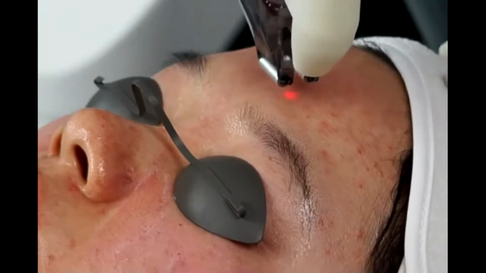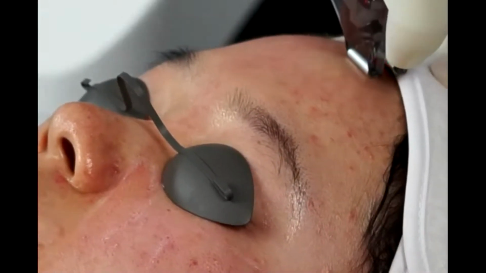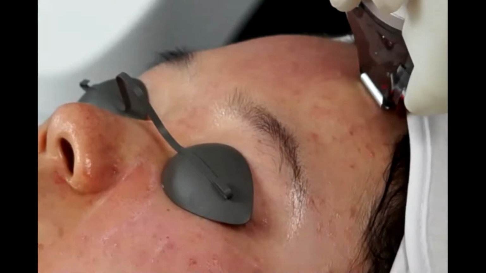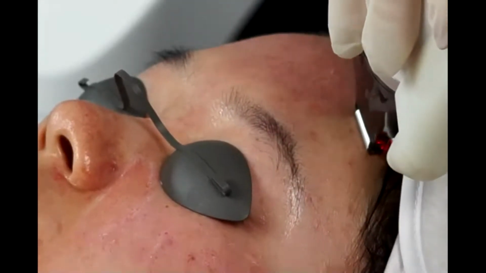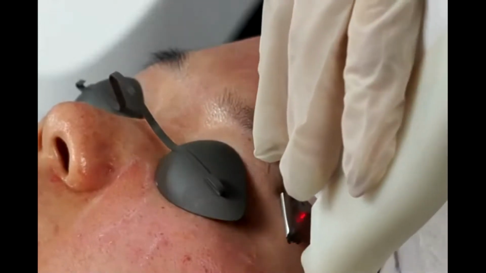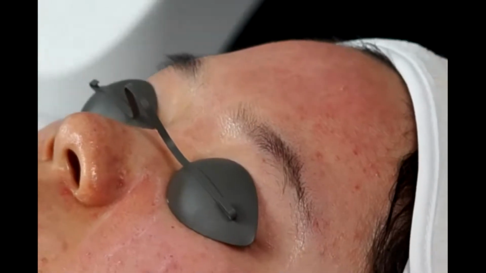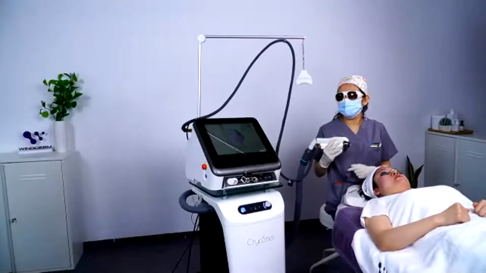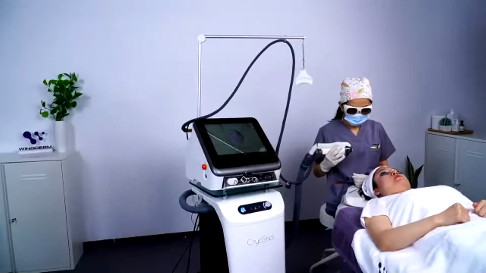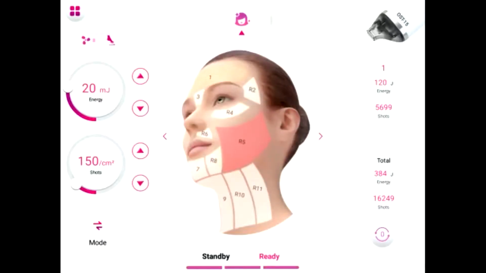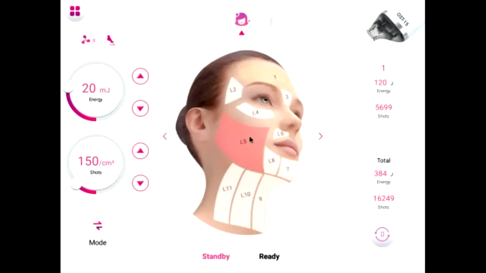For the forehead, we do 1 pass. And you can see the skin turning red. Okay. Now we use the same parameters to do the other parts of her face, still with the L5 for the remaining parts.